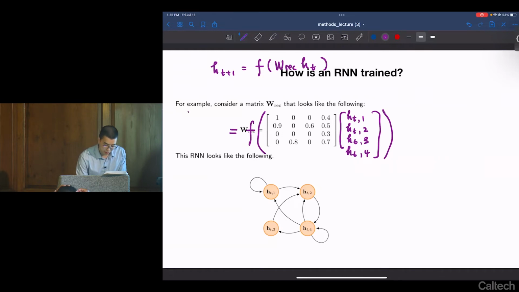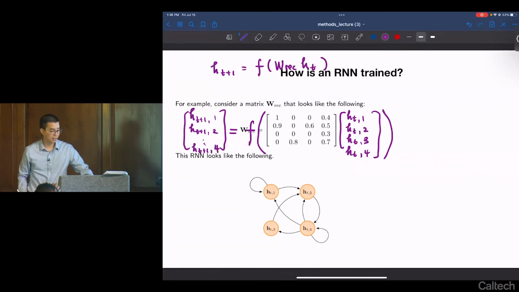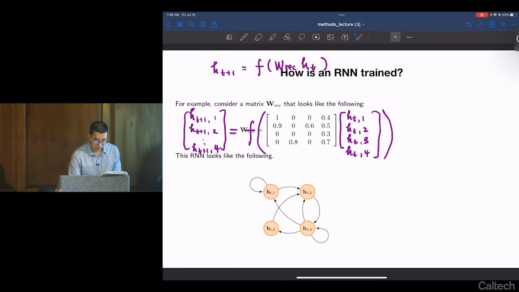This is going to equal h of t plus 1,1, h of t plus 1,2, down to h of t plus 1,4. All right. And so what that means is that if W recurrent has a 1 here, it says that the first neuron's activity at time t is going to be multiplied by 1 to give me the first neuron's activity at time t plus 1.